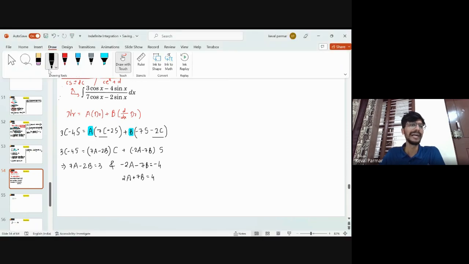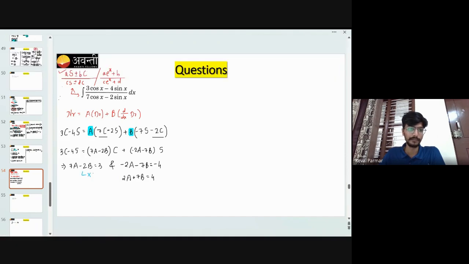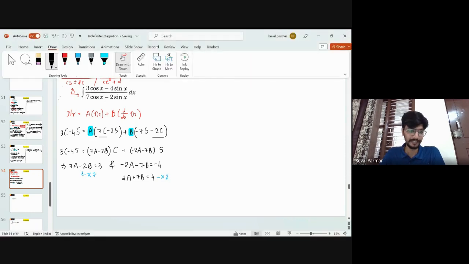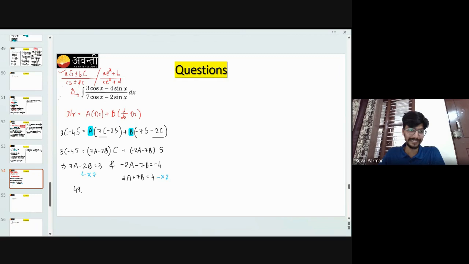Now what I'll do, I solve simultaneously to get the value of a and b. तो इसको multiply by 7 and इसको multiply by 2. So if I solve simultaneously, I get 49a minus 14b is equal to 21 और इसको 4a plus 14b is equal to 8.